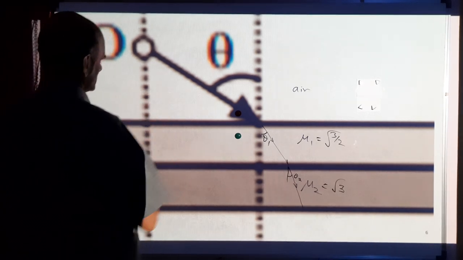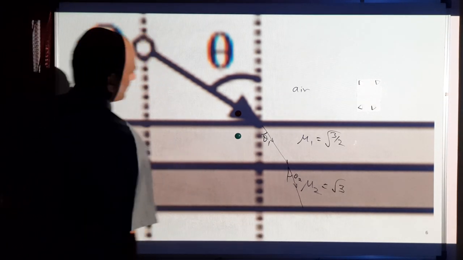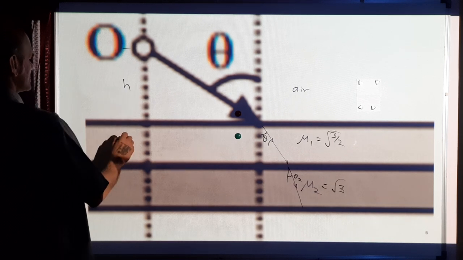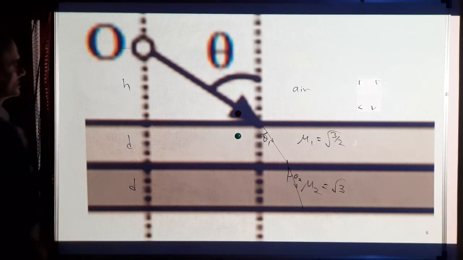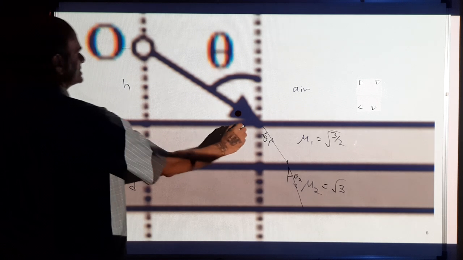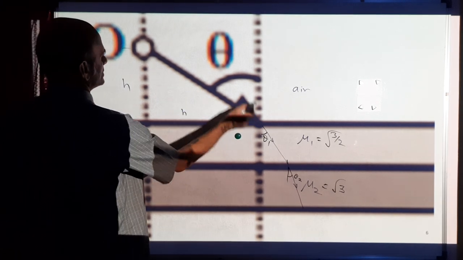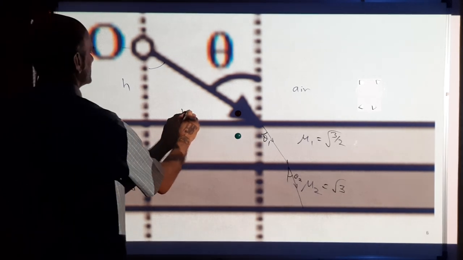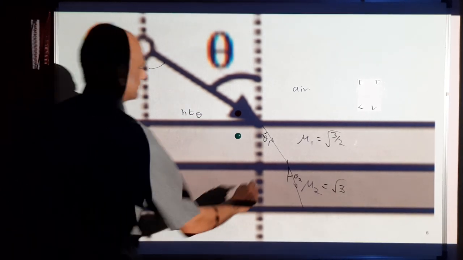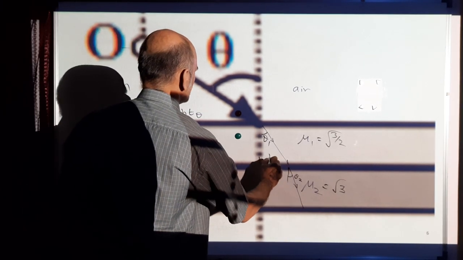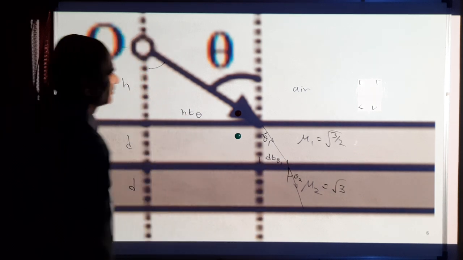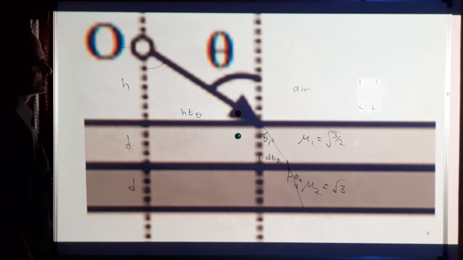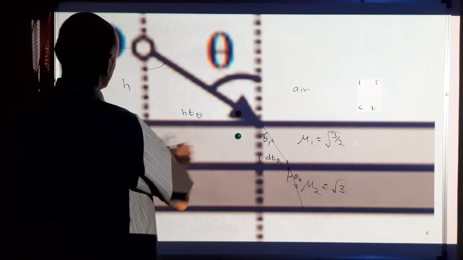So the total shift from here to here when it passes through one unit: this distance is given as h, and this is d, and this is d. It's given in the question. So this much is h. This angle is the same as this angle, parallel lines, alternate angle. So h tan theta, this much, and from here to here, it is d tan theta 1. This is a right angle triangle. So tan theta 1 is this by this one, this is d.